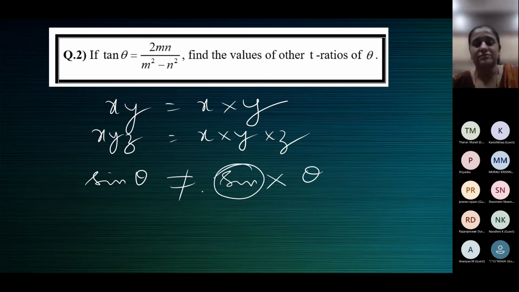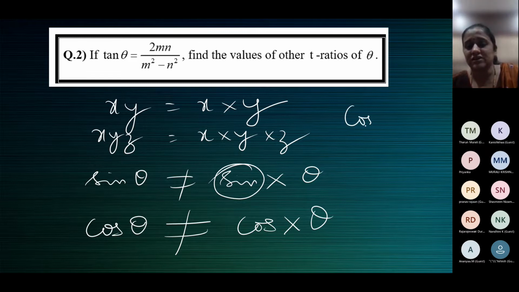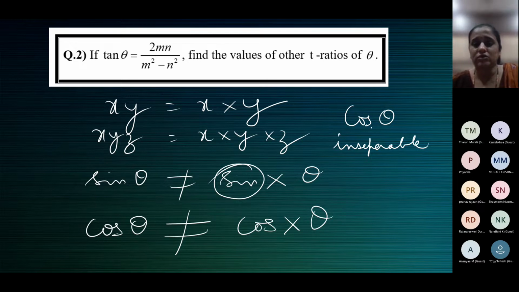Sine is meaningless without an angle. Sine theta or cos theta is not the product of cos and theta. Cos and theta are inseparable.